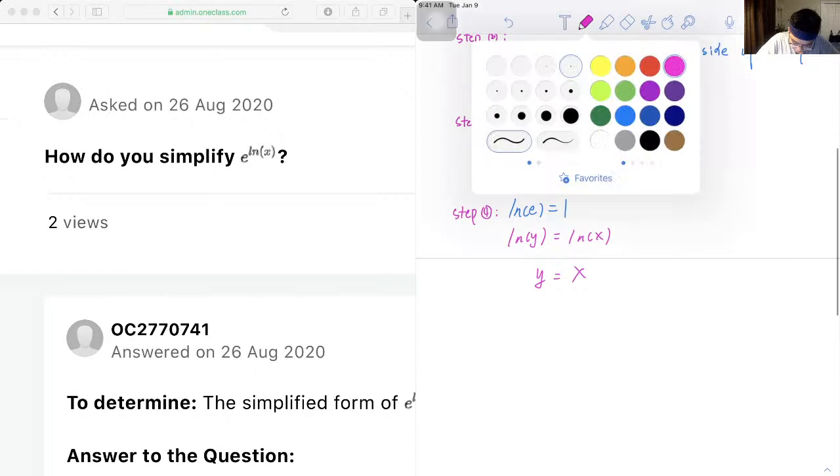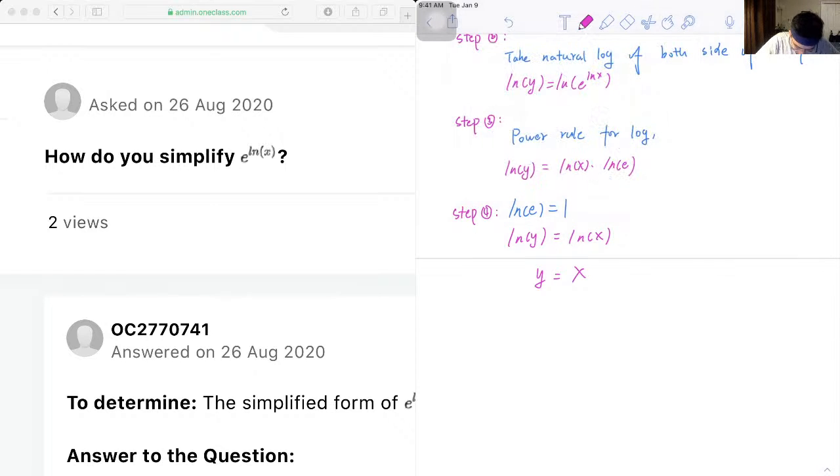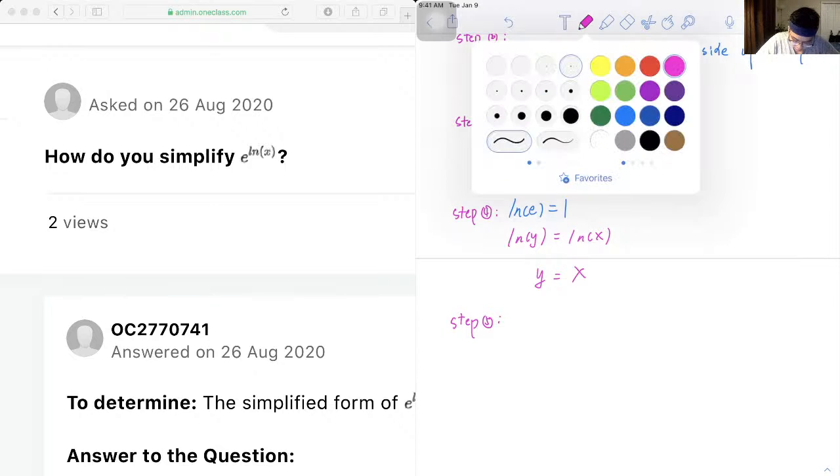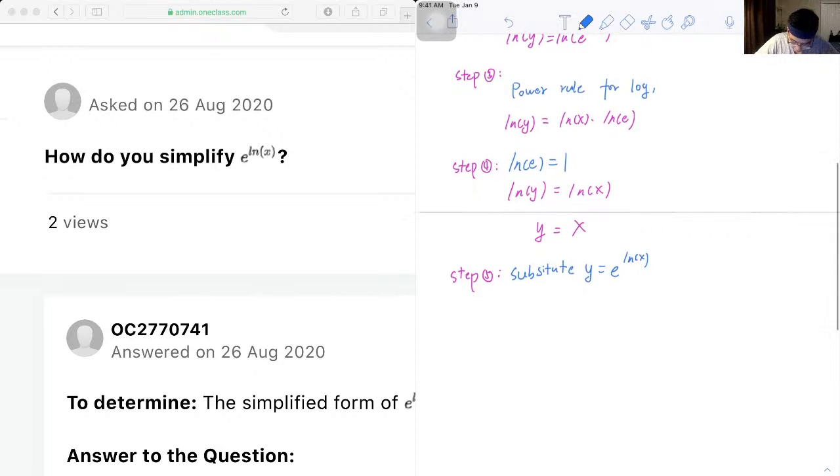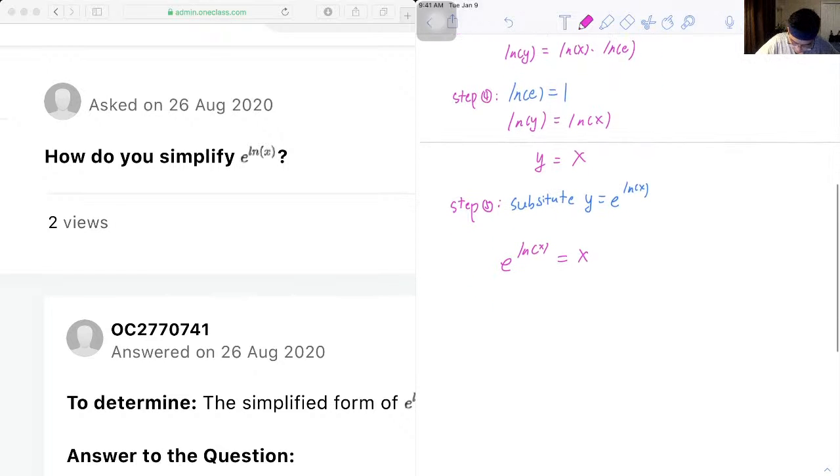Yep, so our next step, we substitute y is equal to e to the exponent of ln x back into the equation. So we will have e to the exponent of ln x is equal to x. Okay, so therefore we can write our conclusion.